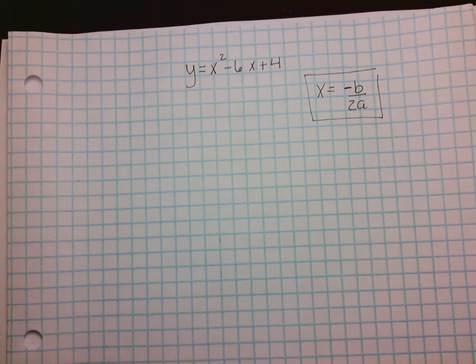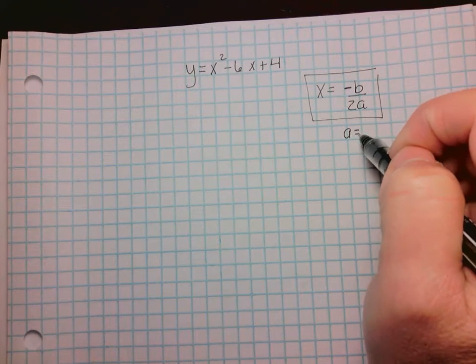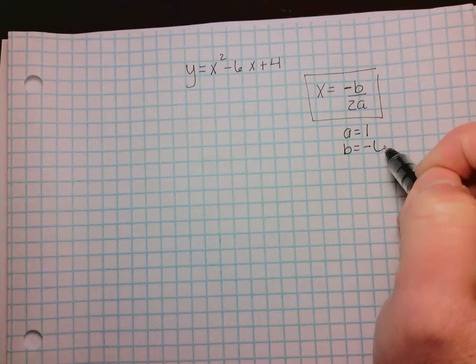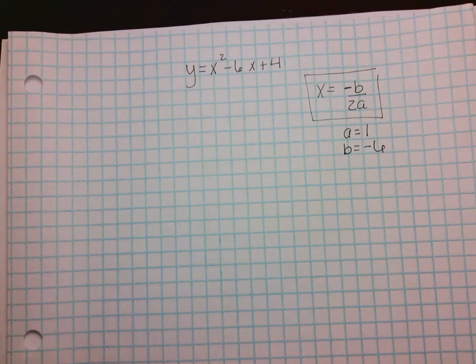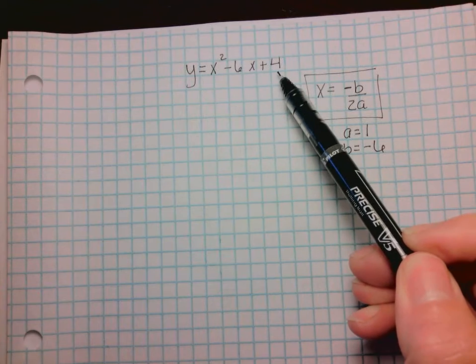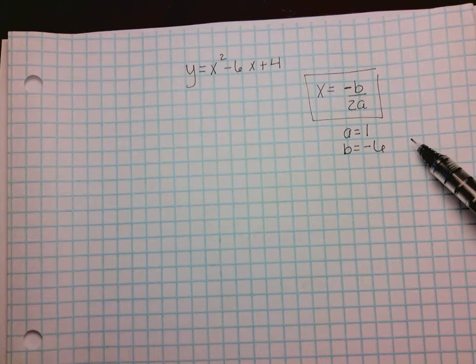So where do I start? What do I do? Well, the first thing you have to do is identify what is your a and what is your b. So remember, this is ax squared plus bx plus c. So here, my a is 1 and my b is negative 6. So what do I do with that?